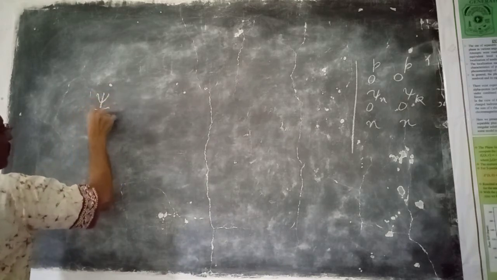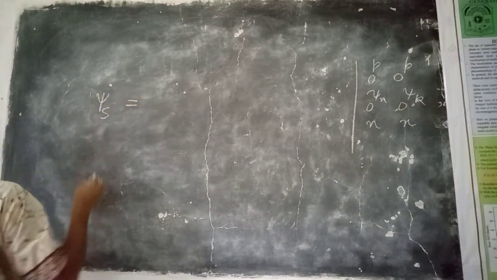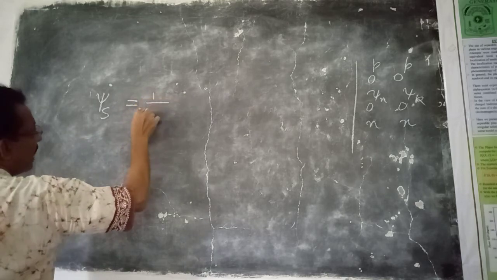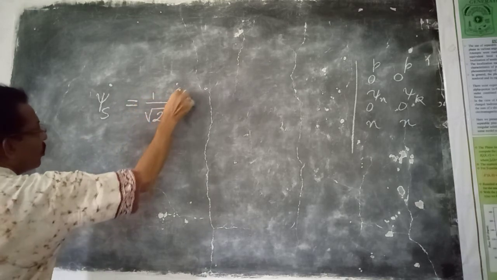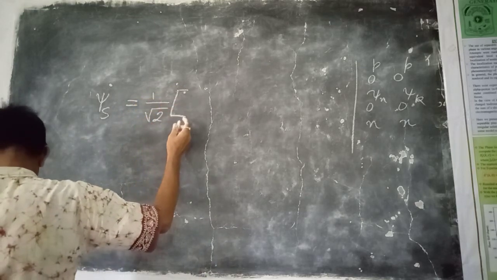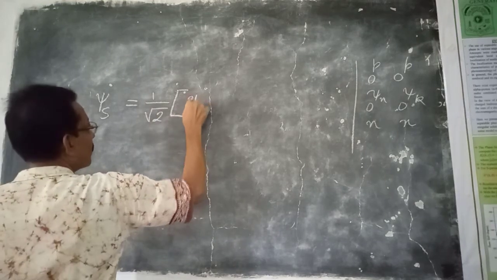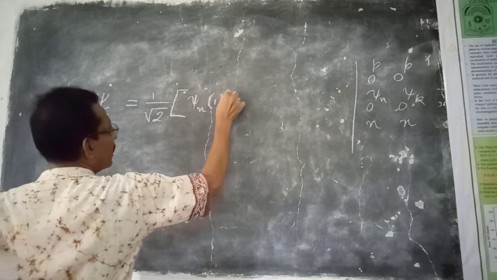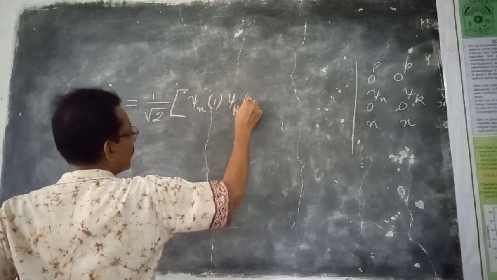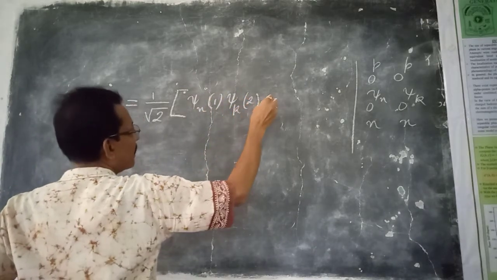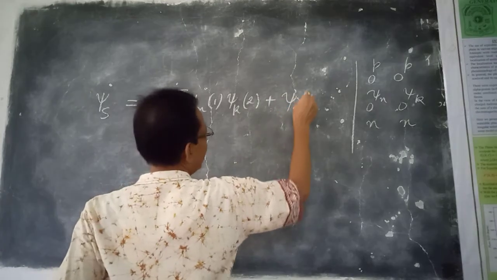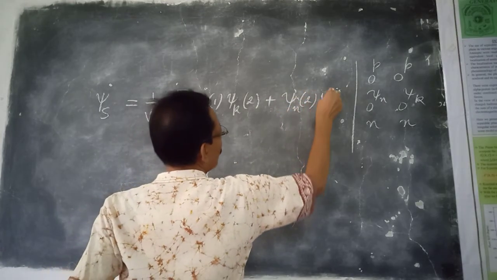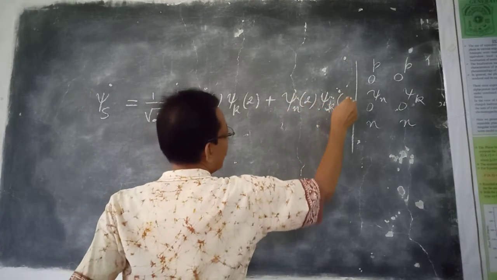The symmetric wave function, psi s, where s stands for symmetric, is 1 by root 2 times psi n 1 psi k 2 plus psi n 2 psi k 1.